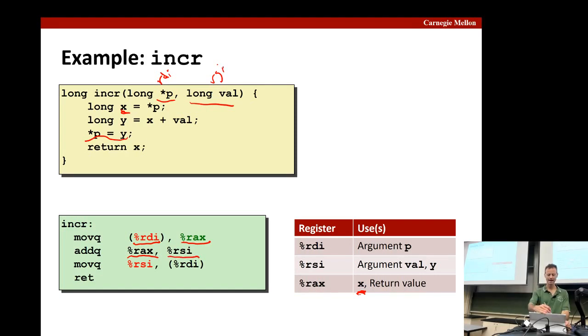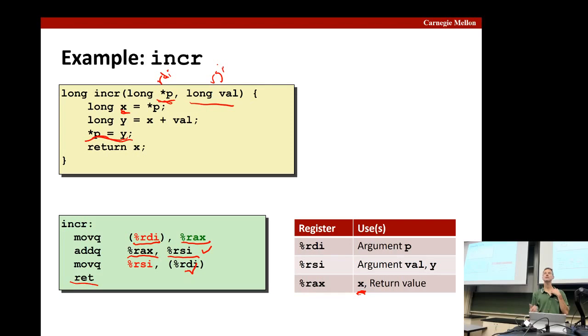So that's taking X plus val. And then I'm actually trampling on RSI and putting the result in RSI. Then I'm going to move from RSI, basically do the store, and store through the address again. So it's just load in the address, do the add, and store back, and return.